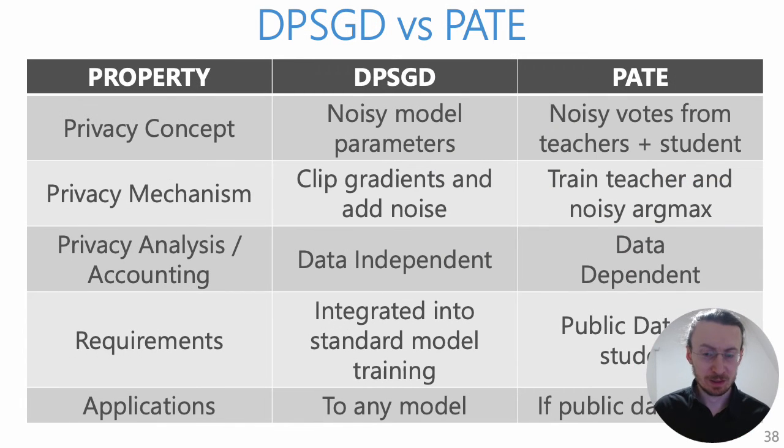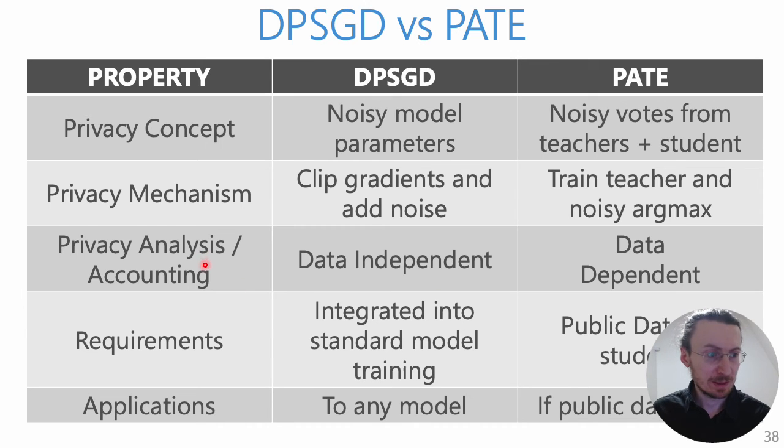Let us now compare DP-SGD versus PATE. In terms of privacy concepts, DP-SGD adds noise to model parameters, while PATE adds noise to the votes from teachers. The main part of the privacy mechanism in DP-SGD is to clip gradients and add noise to the clipped gradients. On the other hand, in PATE, we train teacher models on the private data, add noise to the histogram, and train a student model from scratch on the noisily labeled public data.